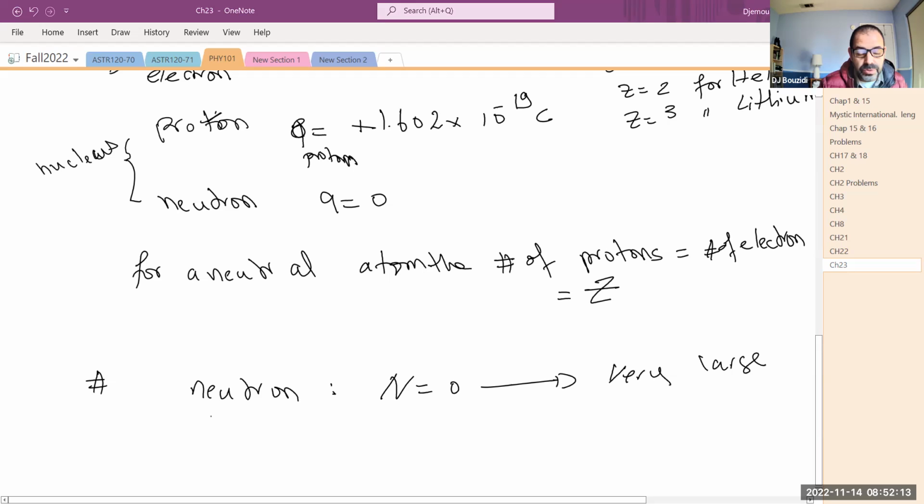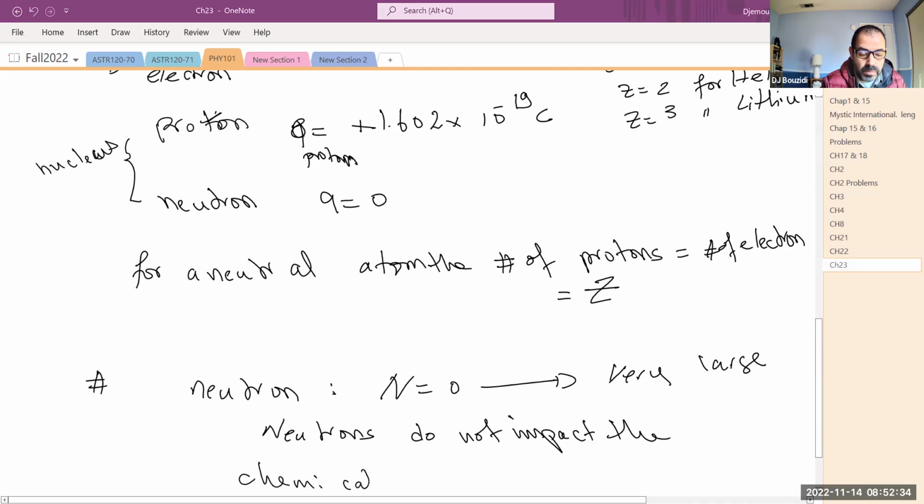Note that because it has no charge, this does not impact the chemistry of the elements. Neutrons do not impact the chemical properties of elements.